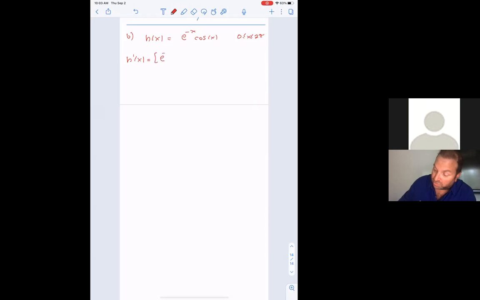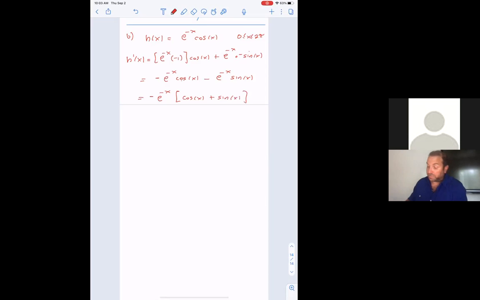And we get the derivative of the outside is e to the whatever times the derivative of the inside, which is -1, times the second untouched, plus the first times the derivative of the second. This gives us negative e to the negative x cosine of x minus e to the negative x sine of x, which I can factor out to e to the negative x, and I'm left with cosine of x plus sine of x.